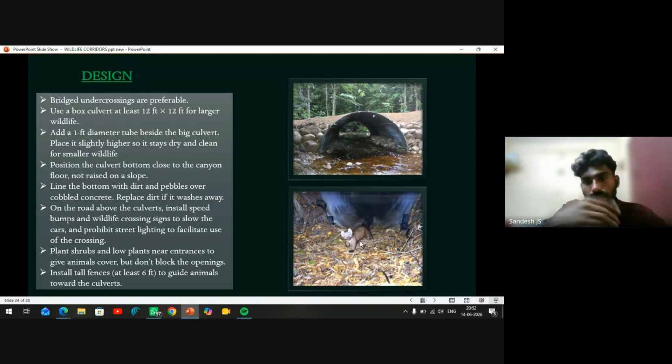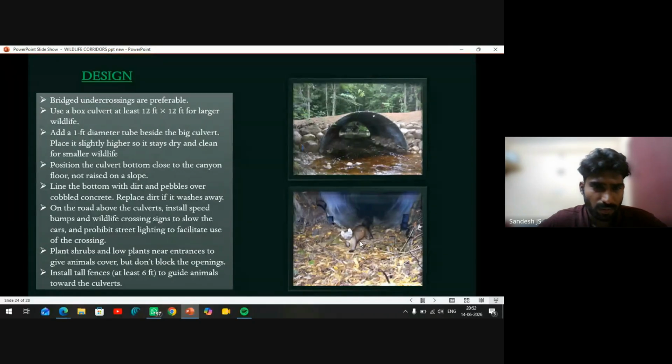So on the highways above the wildlife corridor, they must install some speed bumps or signboards showing that these are the areas where wildlife are permanently crossing. So we can warn the vehicles about the movements, thus preventing conflict or collision.